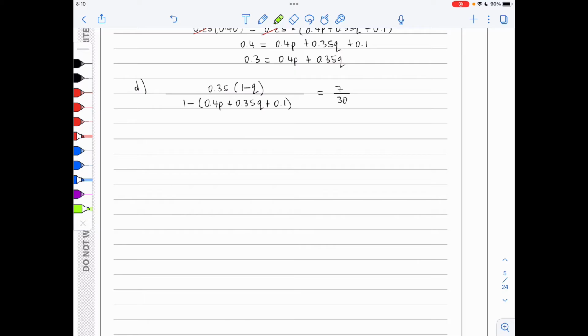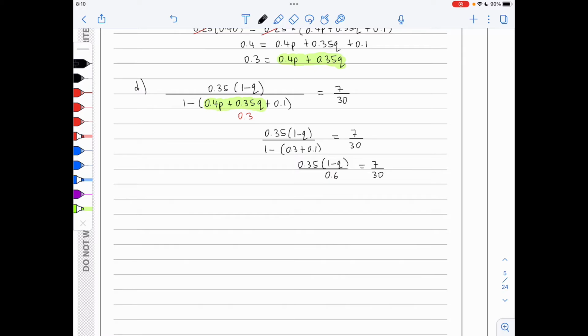We have also established that 0.4 P plus 0.35 Q from above is 0.3. So this is 0.3 here. And therefore we get that 0.35 times 1 minus Q over 1 minus 0.3 plus 0.1 is equal to 7/30. So 0.35 times 1 minus Q over 0.6 is 7/30.